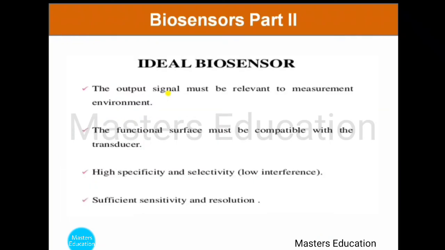Next, this is a slide which shows some of the characteristics of an ideal biosensor. For an ideal biosensor, the output signal should be relevant. Its functional surface, that is the bioreceptor, should be compatible with the transducer. It should have high specificity and should be highly sensitive toward a low concentration of specific analyte.